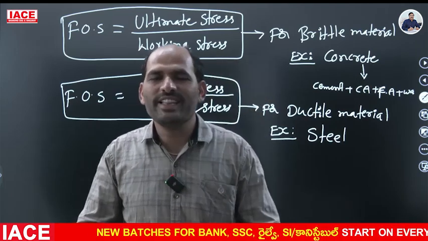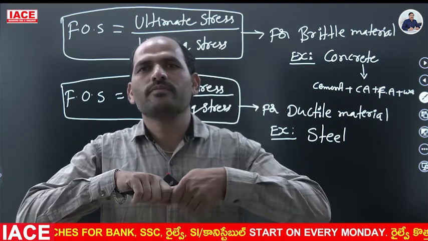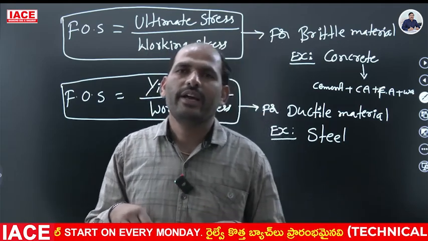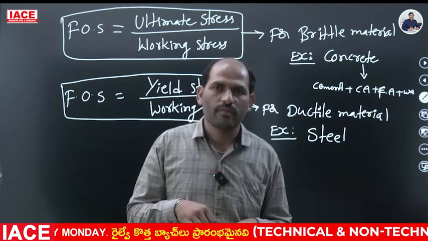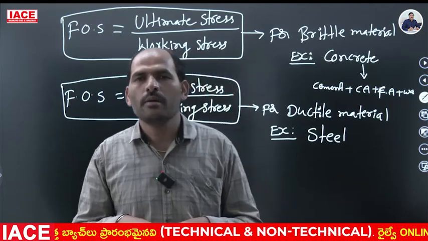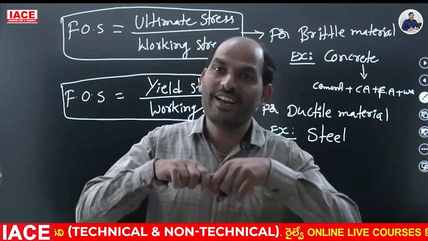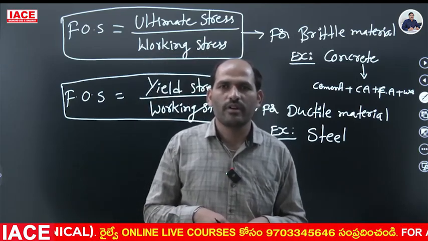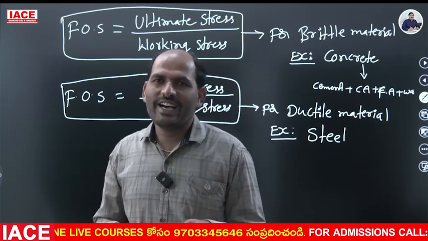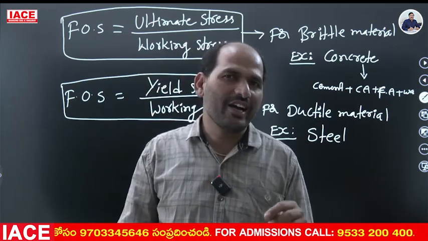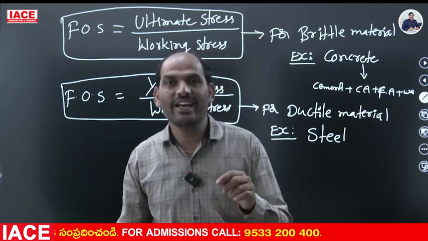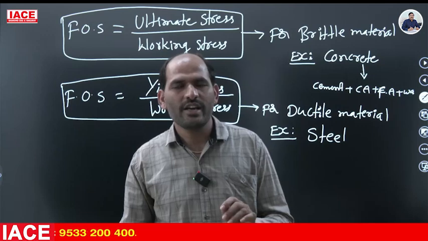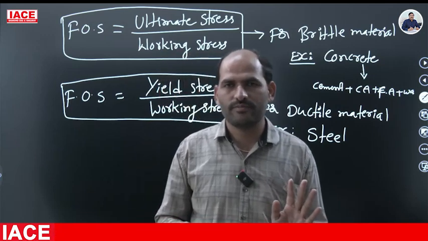But if you apply the tension load on the brittle material, it fails simply. Without prior warning, it fails suddenly. That is the brittle material. To resist the sudden failure in the concrete member, we add the reinforcement bars. That is called reinforced concrete.